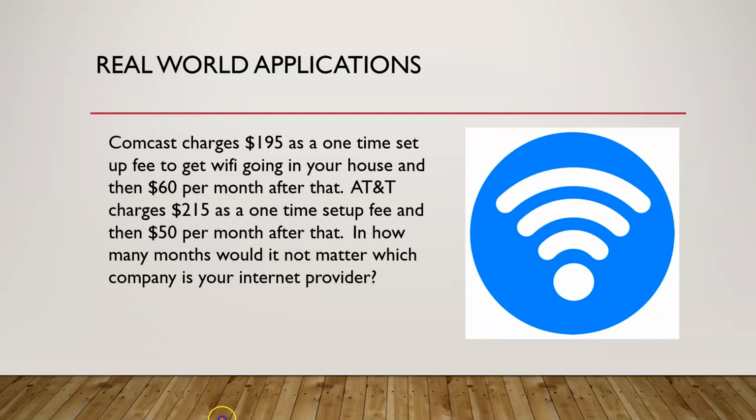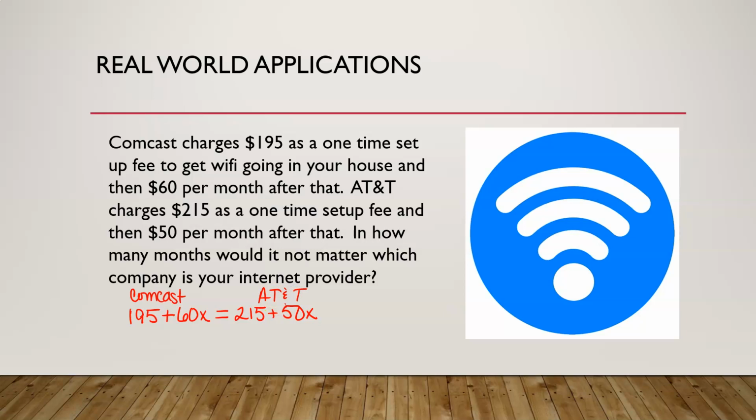So we have Comcast on this side, $195 plus $60 per month. And then we have AT&T on the other side, $215 to come in and set it up, plus $50 per month.